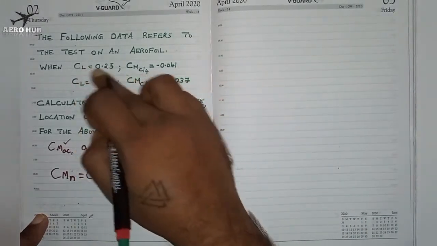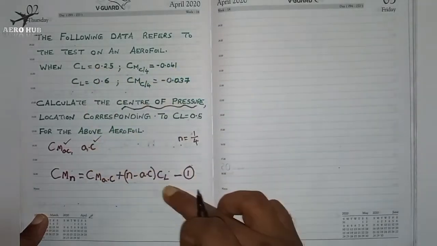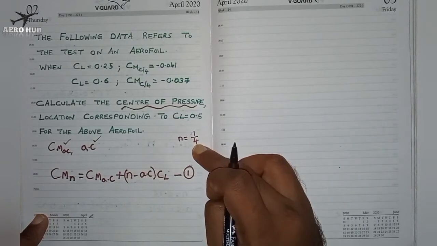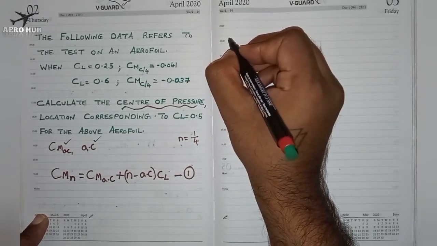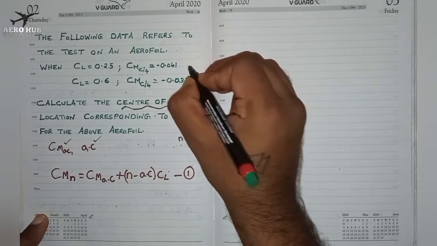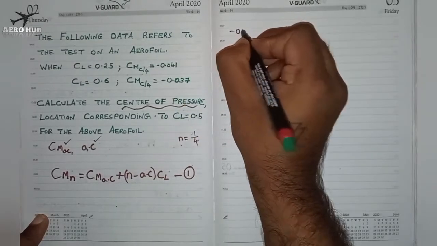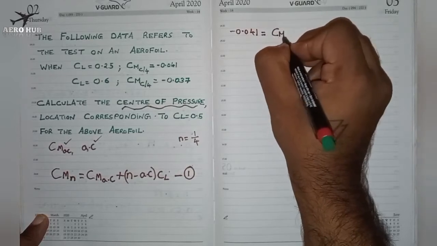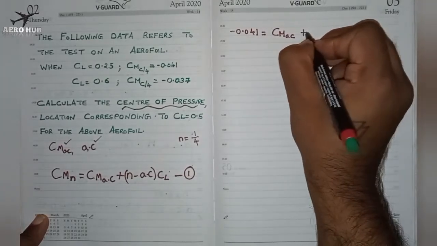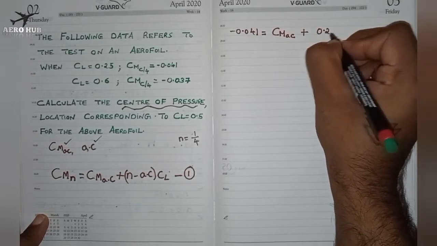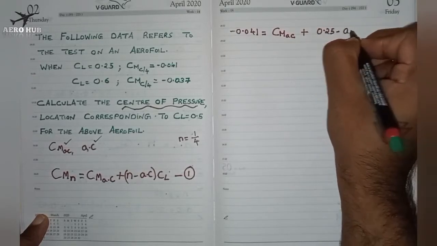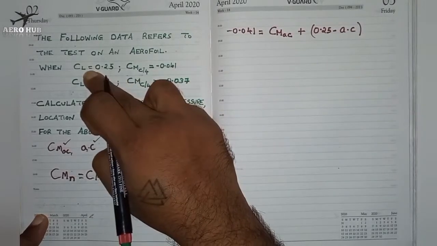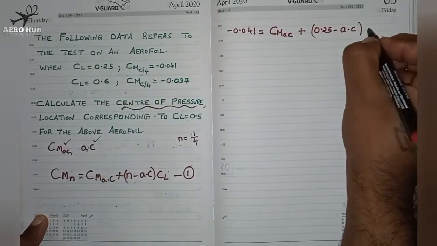For the first equation I will use the first data, where the corresponding CL is 0.25. The value of n is 1/4, that is 0.25. So Cm n for the first one, minus 0.041, is equal to CMAC plus (0.25 minus aerodynamic center) into CL, where CL for the first test data is 0.25.